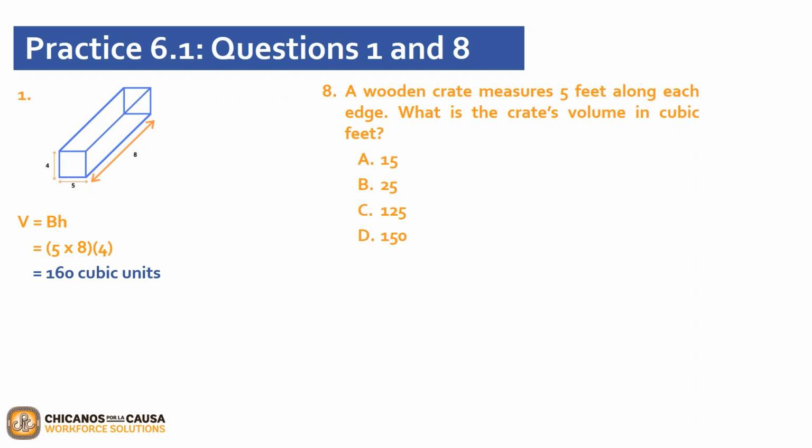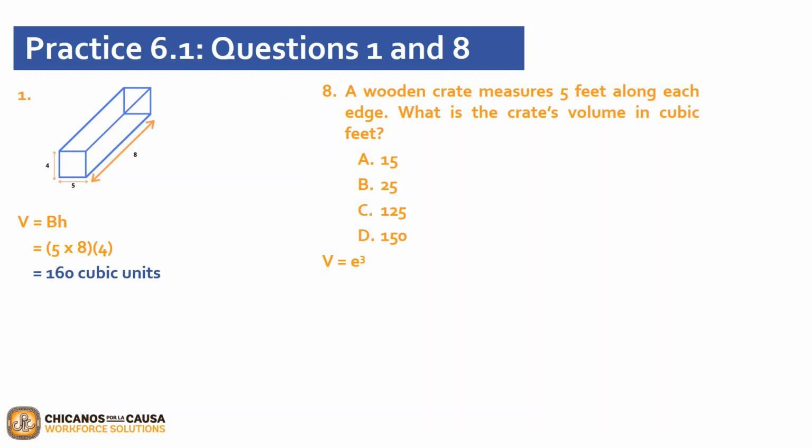Because remember, the volume for a cube equals edge to the 3rd power. So in this case, we can infer that the wooden crate is a cube and each edge is 5 feet. So therefore, the formula for volume of a cube is the edge to the 3rd power.